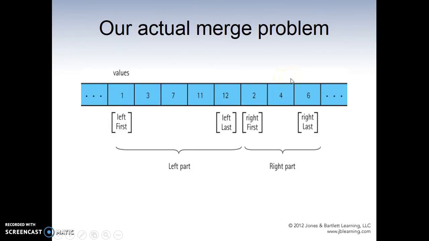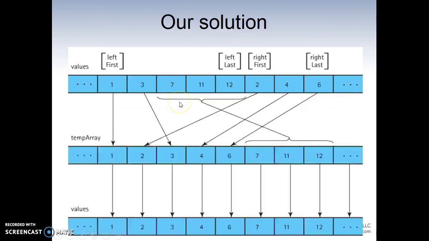So if you look at the actual merge problem here, the values left first, left last, right first, right last. So that's the left part and the right part. That itself also keeps sorted, and then we just merge.